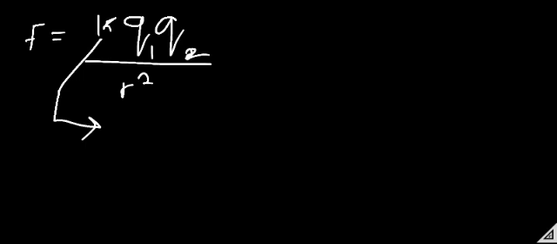We know that k is the constant of proportionality of the equation and is dependent on 1 over 4 pi epsilon, right?